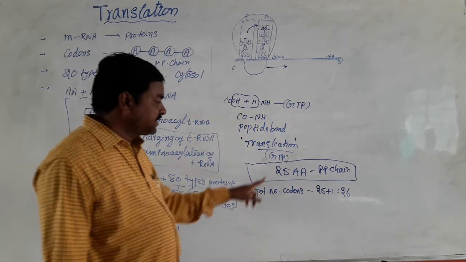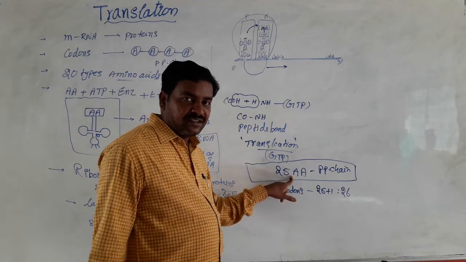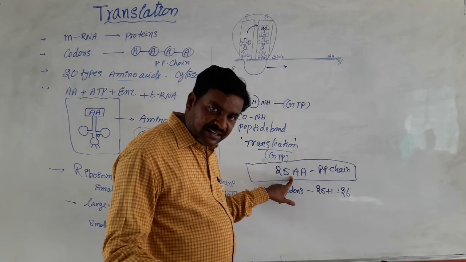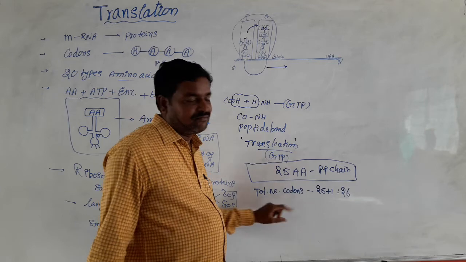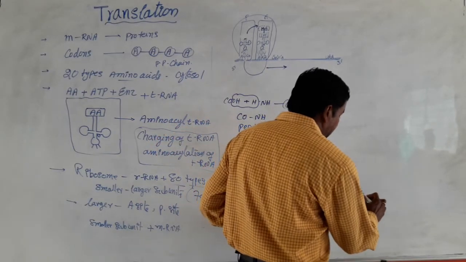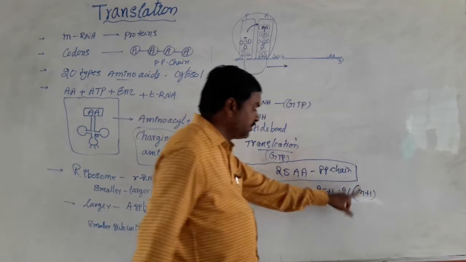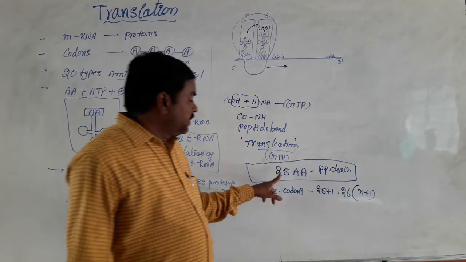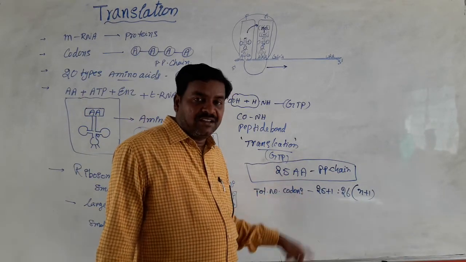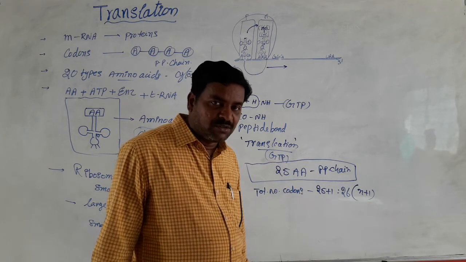For example, if the number of amino acids is considered as n, the number of total codons is n plus 1. N means total number of amino acids. Every amino acid is recognized by one sense codon.